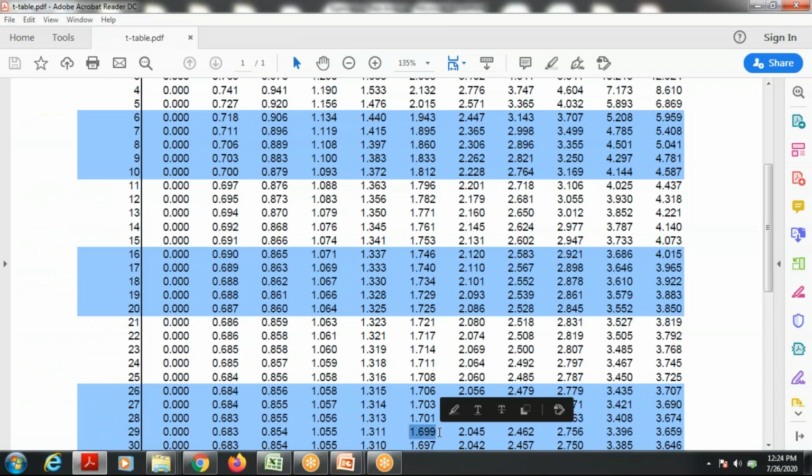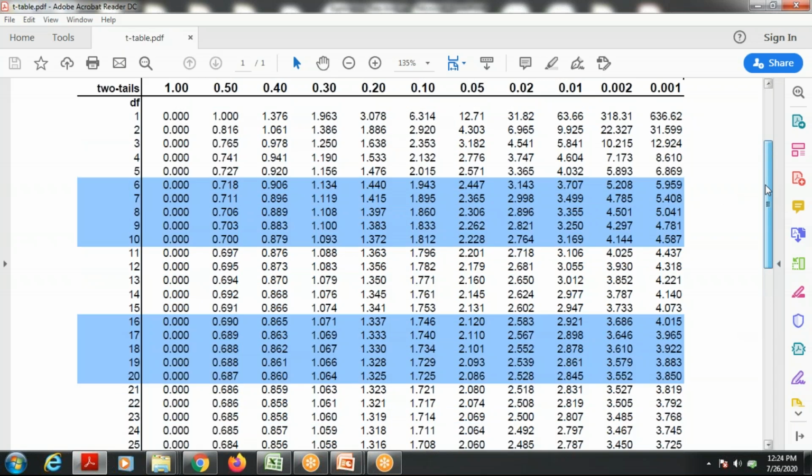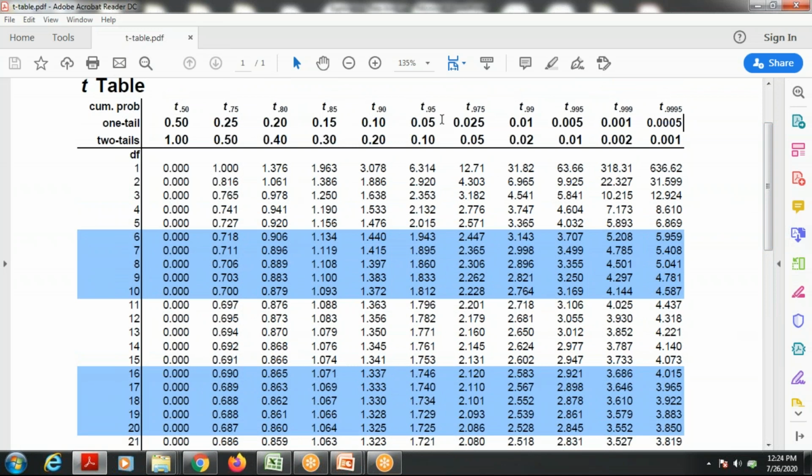So look here, what is happening. In the table, are you getting here it is saying 5% significance? Did you see? On the top, is 5% significance visible? Yes.